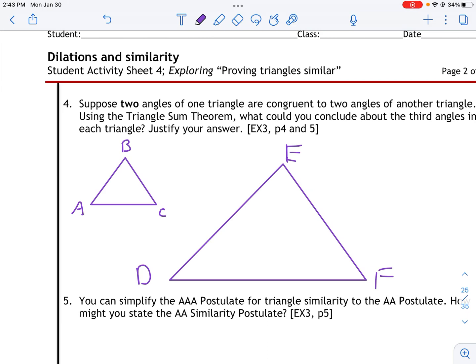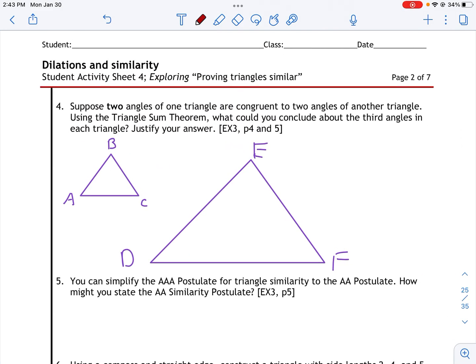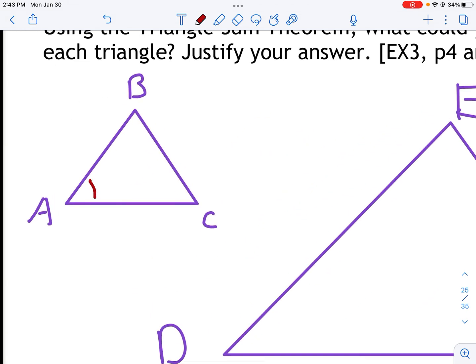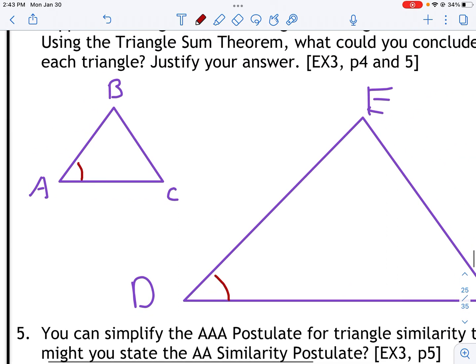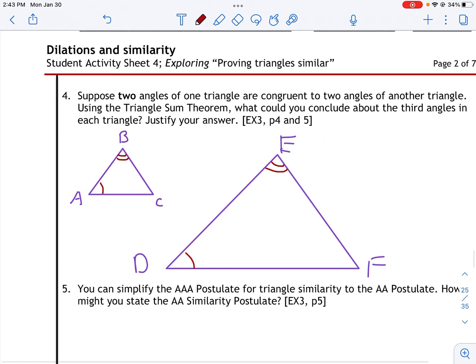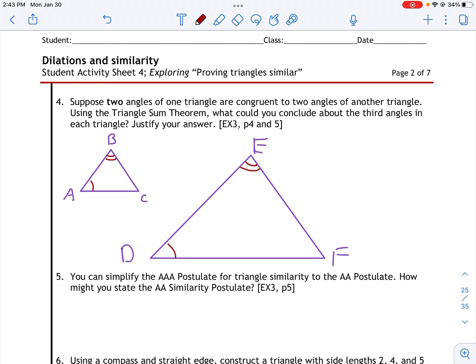Let's call it D, E, F. Those almost look identical, right? This is saying, suppose 2 angles of one triangle are congruent to 2 angles of another. So if I said this angle is congruent to this angle, and the top angle is congruent to the top angle, then what can we conclude about our third angle?